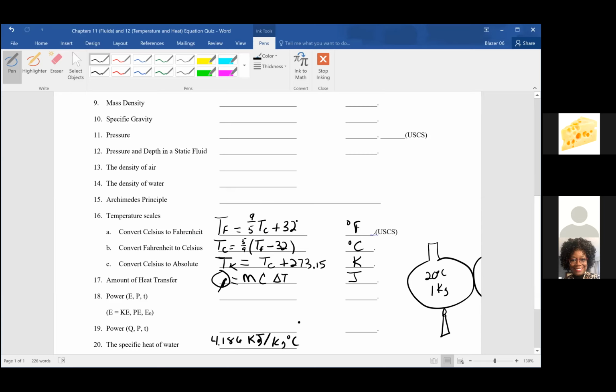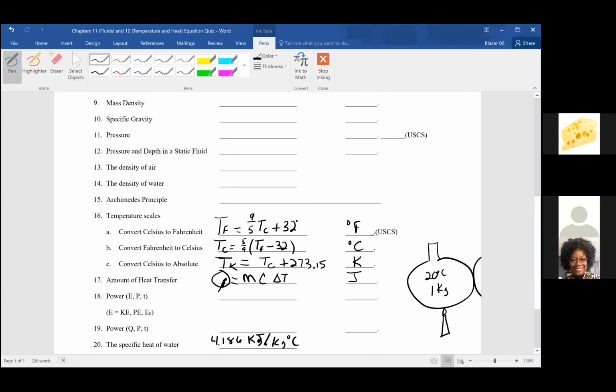If you look in your book, he gives you the specific heat capacity for water. What does that mean? That simply means this: if I wanted to raise 1 kilogram of water by 1 degree Celsius, I've got to add 4.186 kilojoules of heat energy. That's what that means.